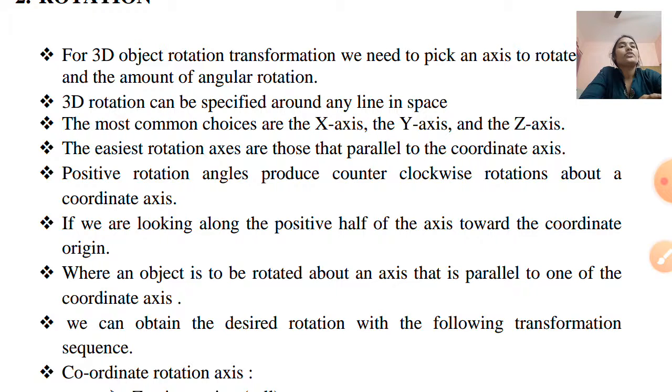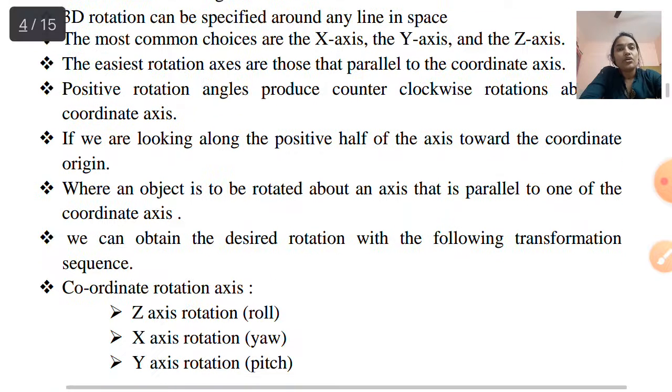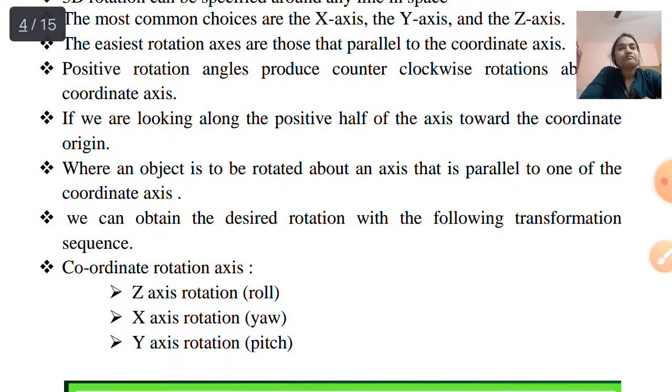Where an object is to be rotated about an axis that is parallel to one of the coordinate axes, we can obtain the desired rotation with the following transformation sequence.